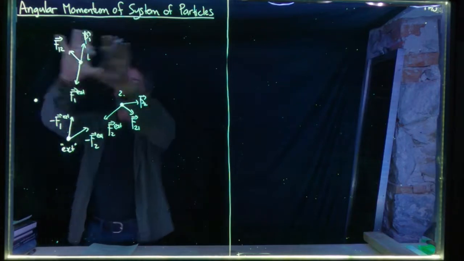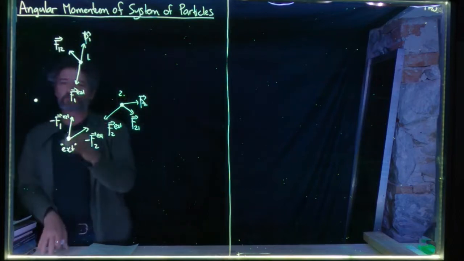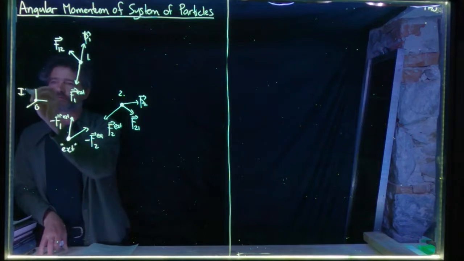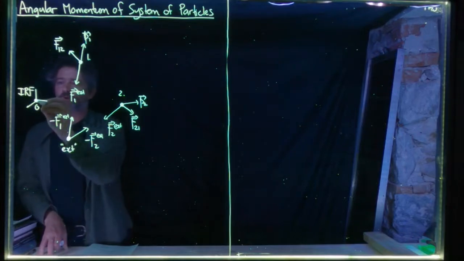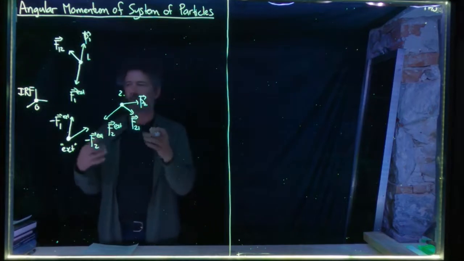We assume that we're in some inertial reference frame, and we will choose the origin of our inertial reference frame to be right at that point O. So here's our inertial reference frame, and here's our special point about which we will be evaluating all torques and angular momenta.